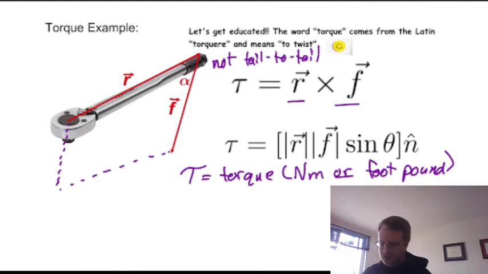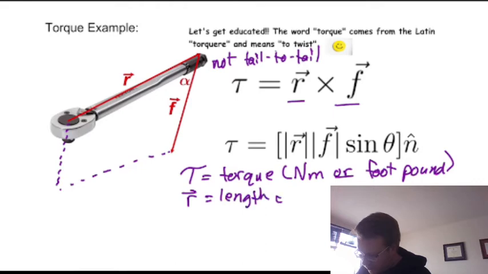Actually, not pressure, but the torque on the nuts and stuff. So our r vector is the length of the lever. And notice it's Newton meters, which means our lever length also needs to be in meters.